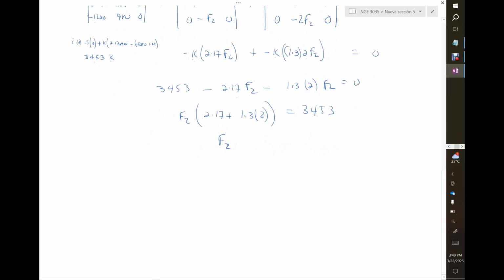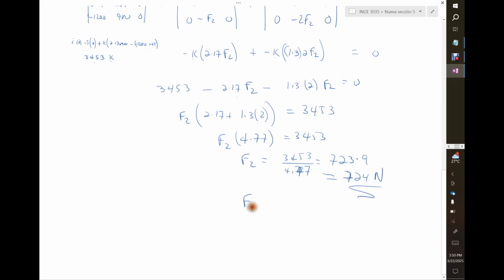If I add these two, F2, that's about 4.77, 3453. So F2 equals 3453 divided by 4.77, and that's going to be, let's see, 723.9 or 724 Newton.